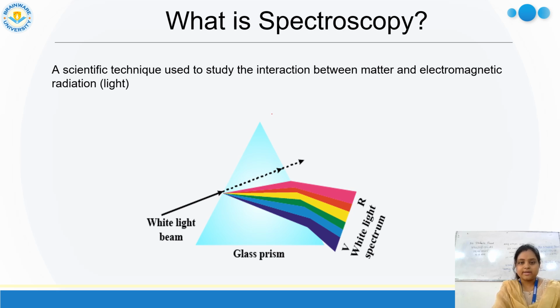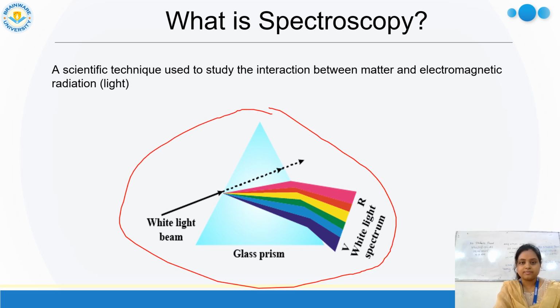For example, here is a prism. The white light beam is falling on that prism. The atoms get excited, they absorb the energy from that light, and the rest of the light is transmitted according to its wavelength, and we get a spectra with the 7 colors.